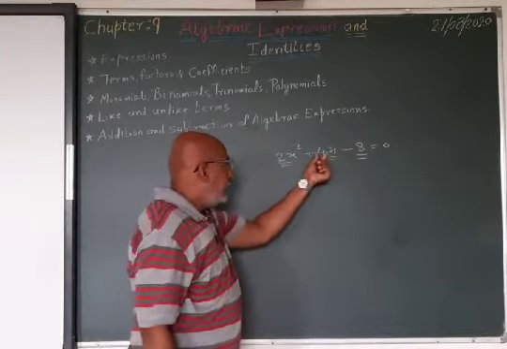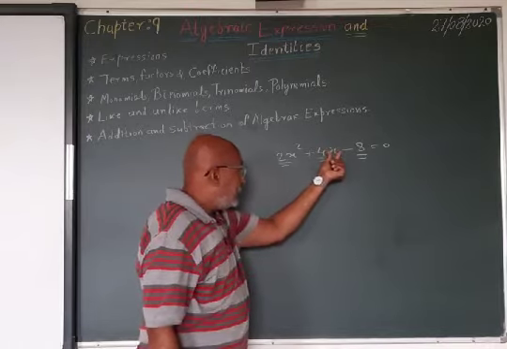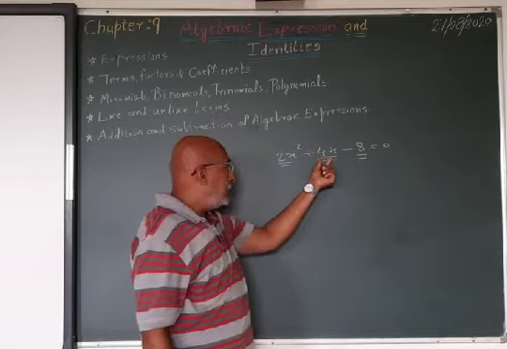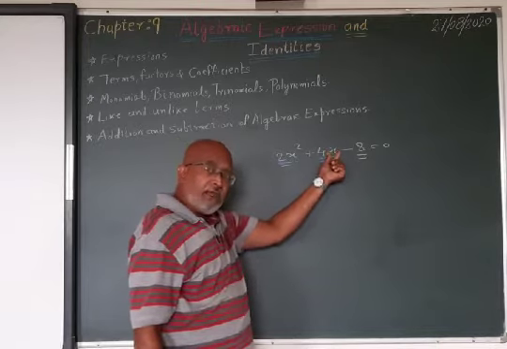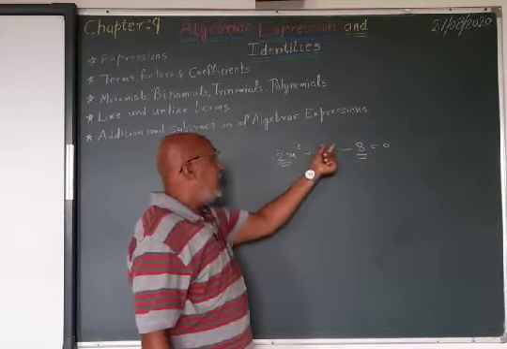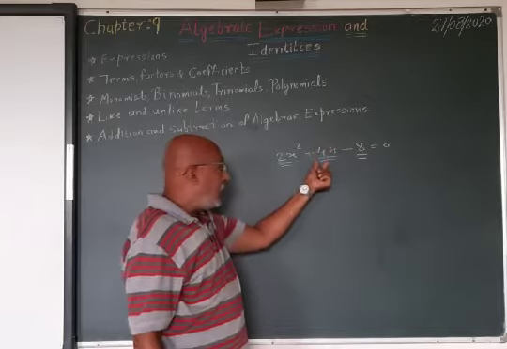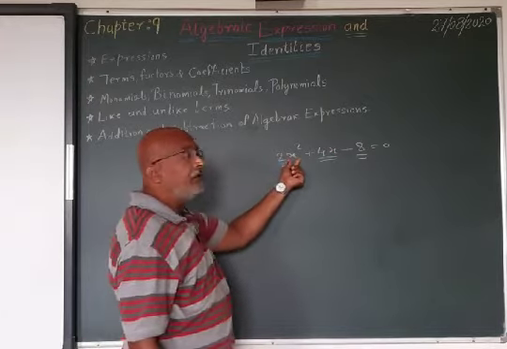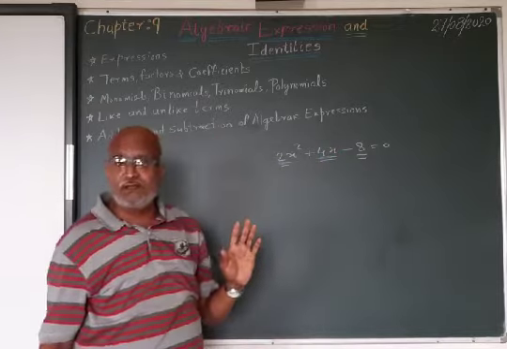So the number which is with any variable, a number which is with any variable having any index, they all are called coefficient. Means here 2 is the coefficient of x square, 4 is the coefficient of x. Got it clear? So here 2 and 4 are the coefficients of x square and x respectively.